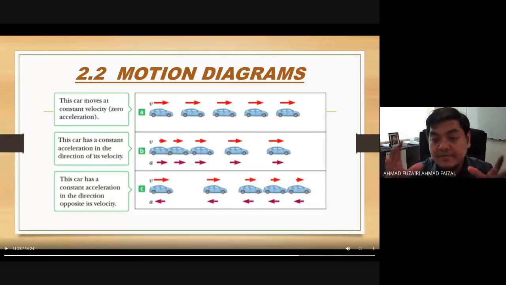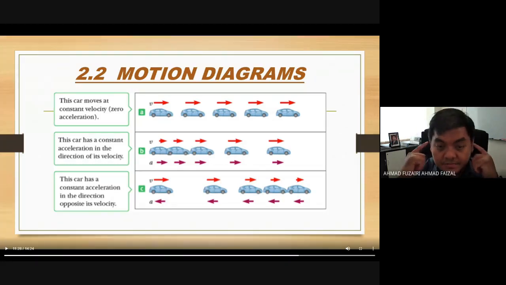But these are not actually 5 cars, because this is just a symbolic car at random positions as a function of time. So the car has zero acceleration for the constant velocity.